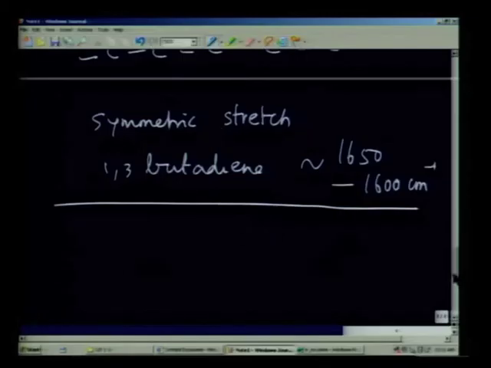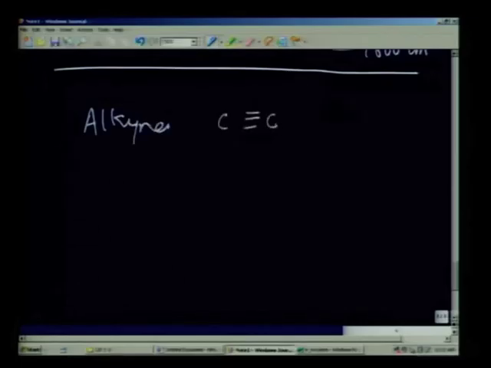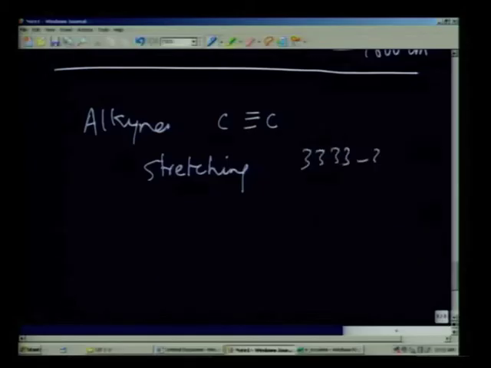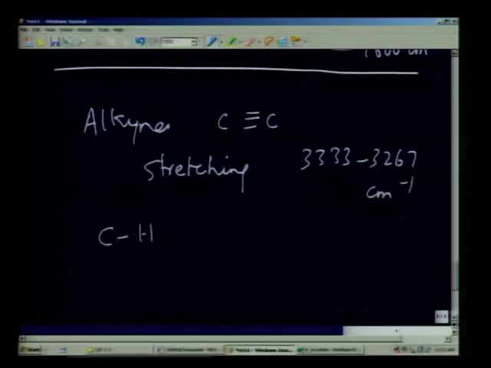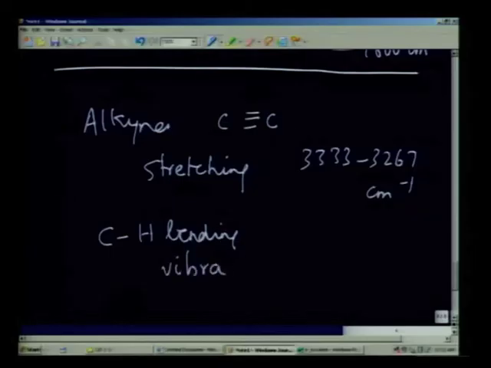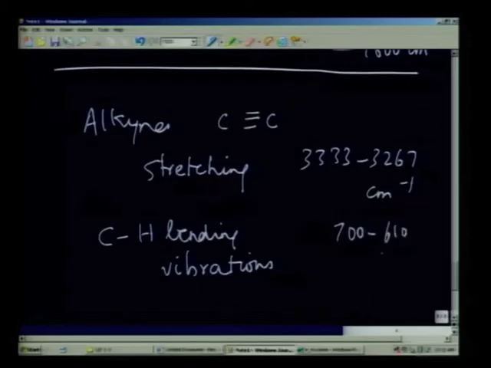Then you have for alkynes the C triple bond C stretching vibrations approximately 3333, 3267 centimeter inverse, and the CH bending vibrations around 700, 610 centimeter inverse.